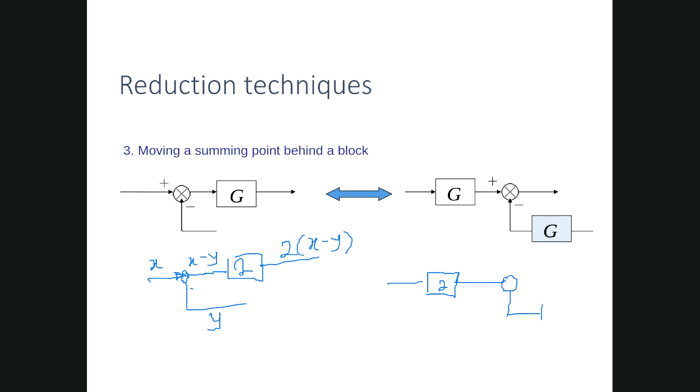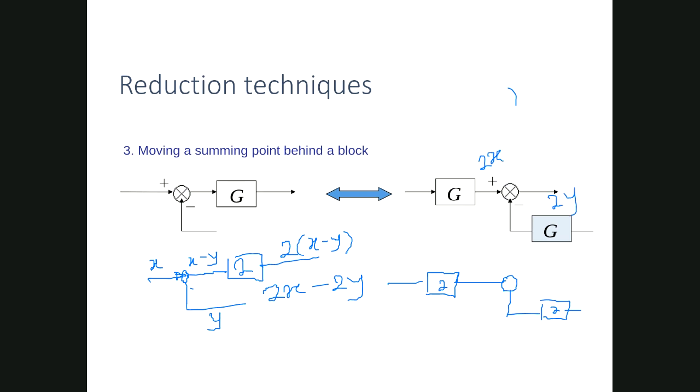Here it is the same thing as 2 times X minus 2 times Y. So instead of doing that, we can change it such that here becomes 2x, and here becomes 2y.